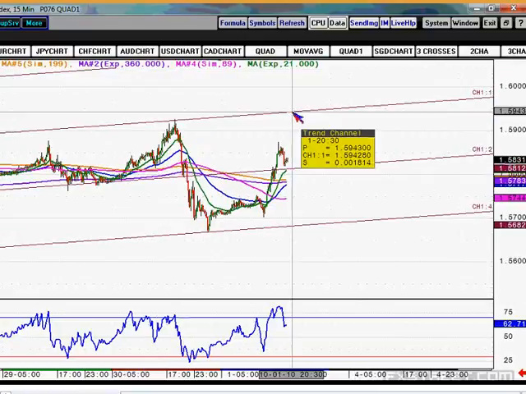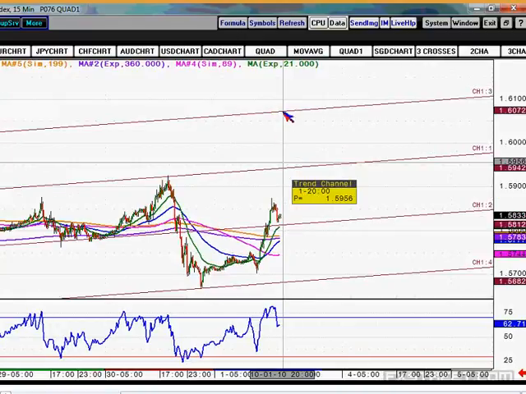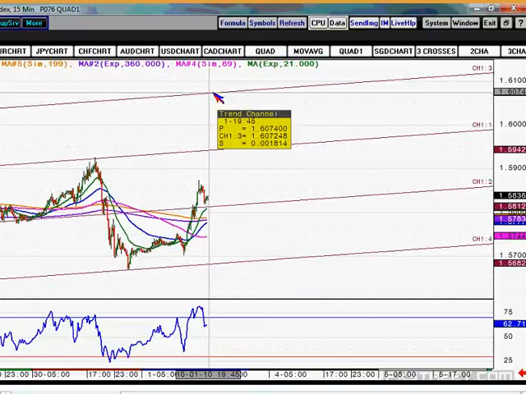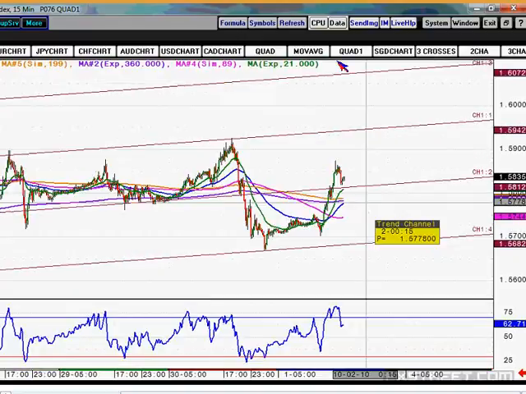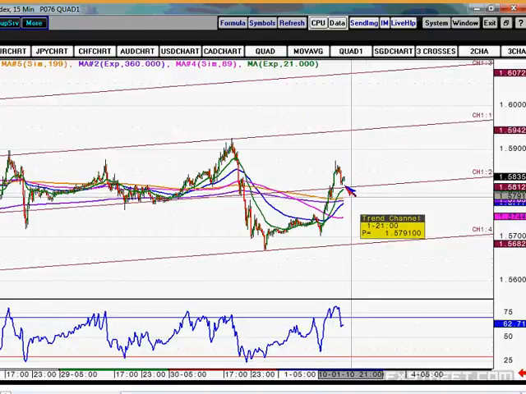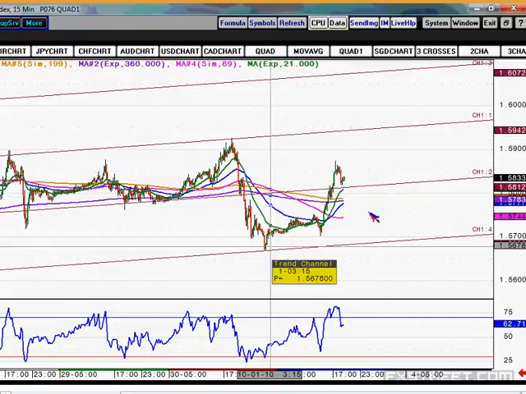Of course, if it breaks that 159.25, 159.40, then you can expect the price to move higher. Early on I said 160 and 160.60 are the levels where we expect the market to reverse. If you feel the market really pulls back, then probably you can go for a buy.